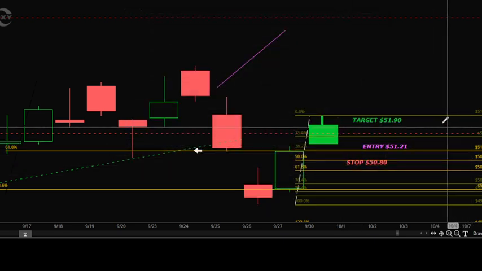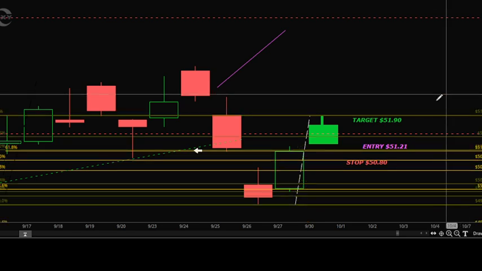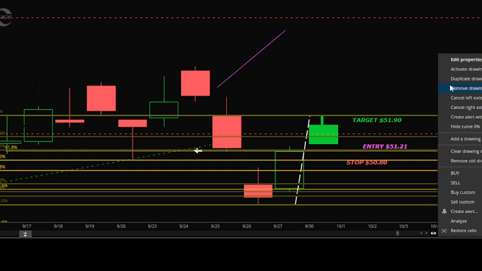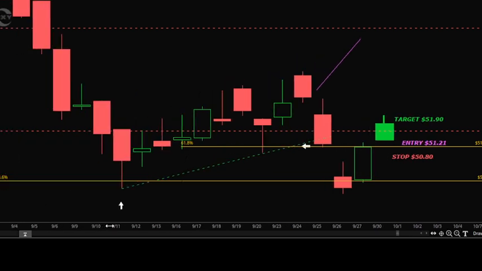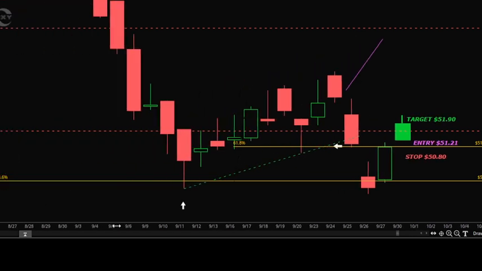All right, so that's it. That is your candlestick for tomorrow for Occidental Petroleum, Mr. Buffett's heavily loaded stock, apparently. Let me just take a second look here, see if I missed anything.